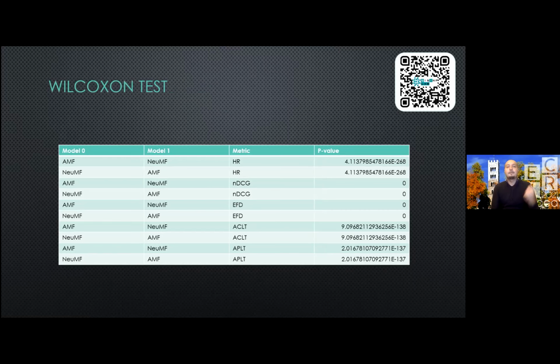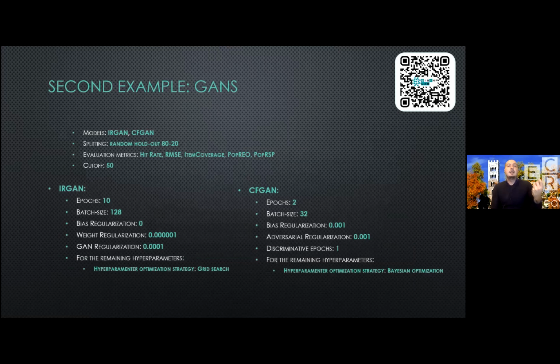We can also analyze the Wilcoxon test, and we obtain the results, and we can use them in our papers, and the situation is basically the same. So then we can move to the generative adversarial network example, and again I give the stage to Felice.